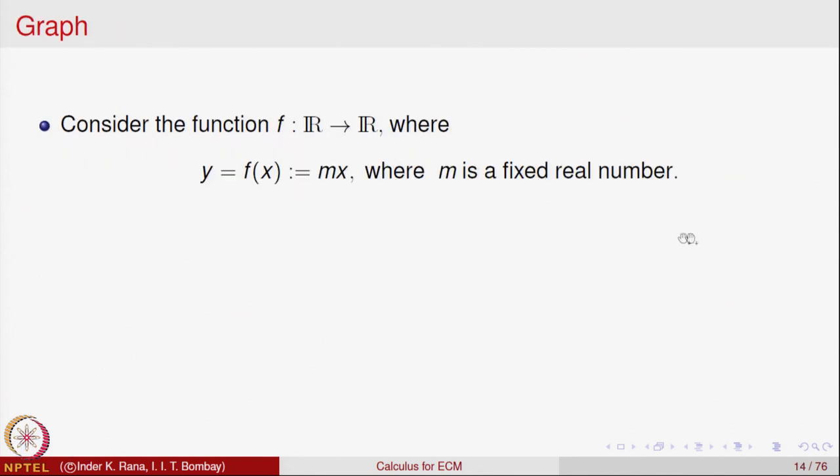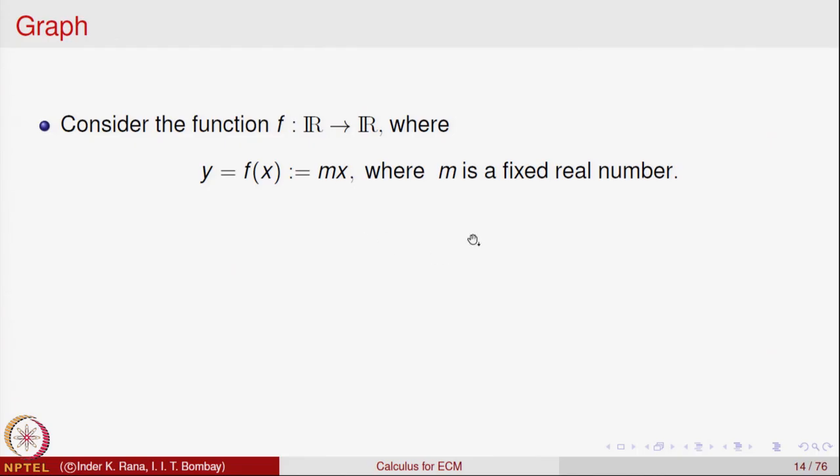Let us look at a slightly more general example. Let us look at a function R to R given by the formula y is equal to f of x, it is m times x, where m is a fixed real number. So, what we are saying is every point x is related to y, where y is equal to m x.